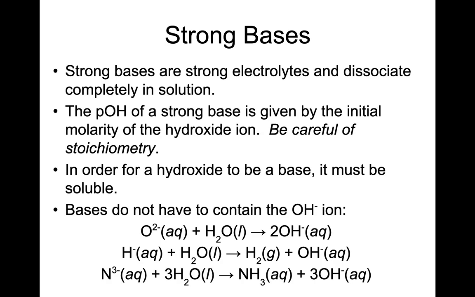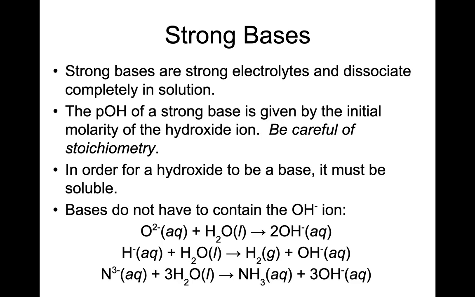For example, if you look at the 3 equations at the bottom, let's look at this first chemical reaction. We've got oxide ions dissolving into water, and as they do, they start pulling hydrogen atoms off of the water molecules. Our stoichiometry shows us that dissolving a single 1 mole of oxide ions will result in 2 moles of hydroxide ions.